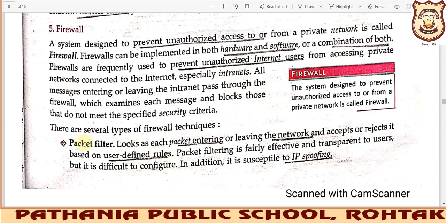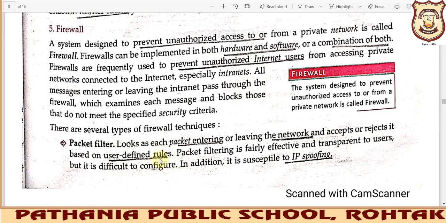So packet filter is basically based on the concept of packet switching, as we have read earlier. Here the data is checked on the basis of the packets that are entering. The firewall will check whether the packets entering the network satisfy the user defined rules, that this type of data should not enter.